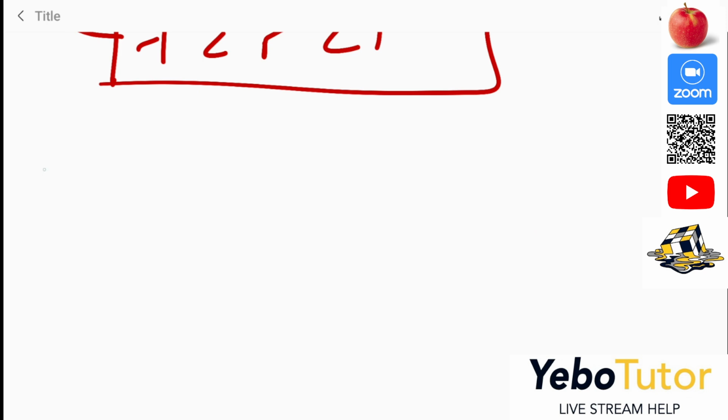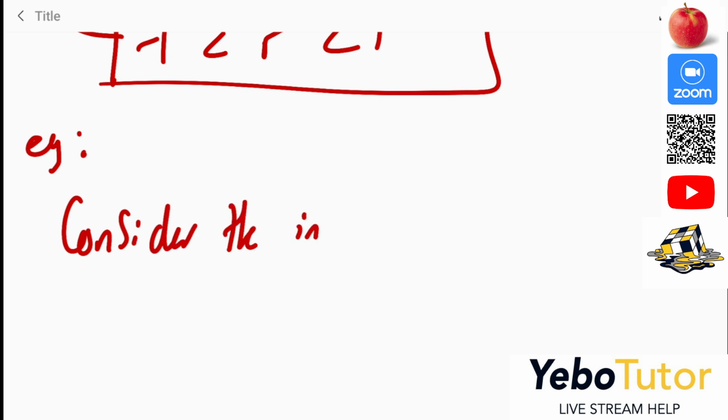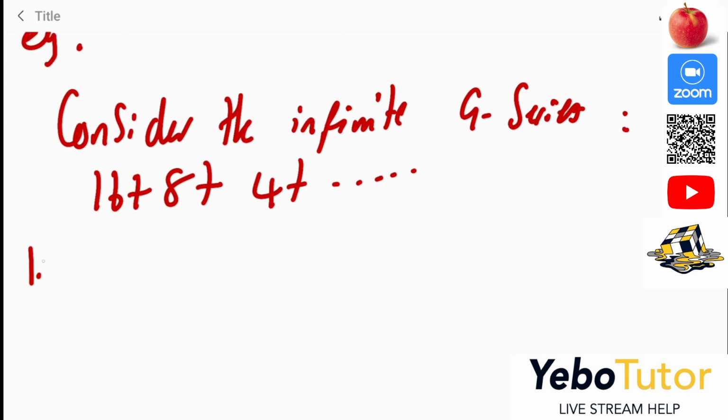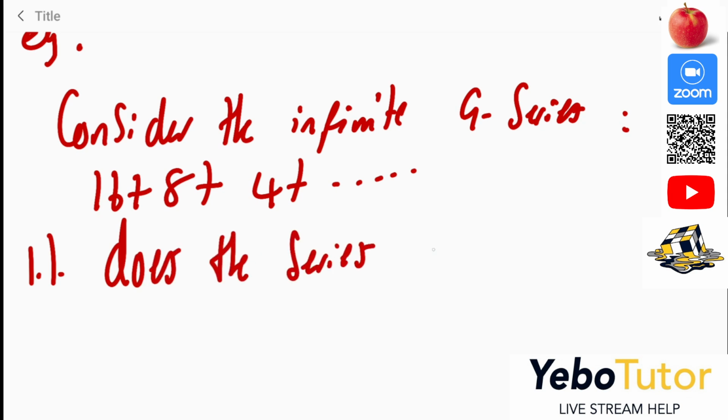Consider the infinite geometric series 16 plus 8 plus 4 plus, and so on. 1.1: Does the series converge?